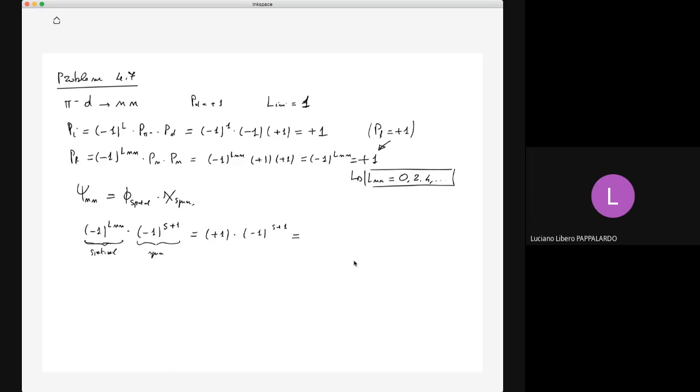So this must be equal to -1. And so the only possibility is that S+1 is odd, or equivalently that S is even.